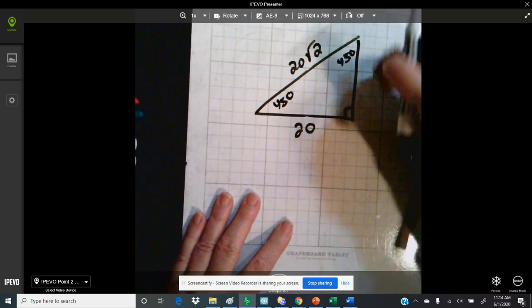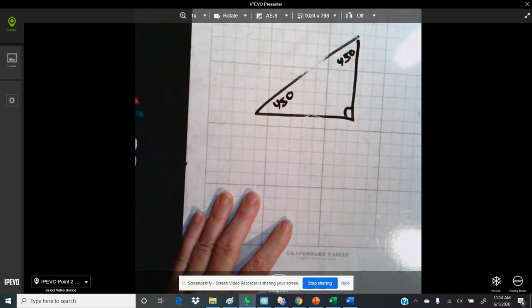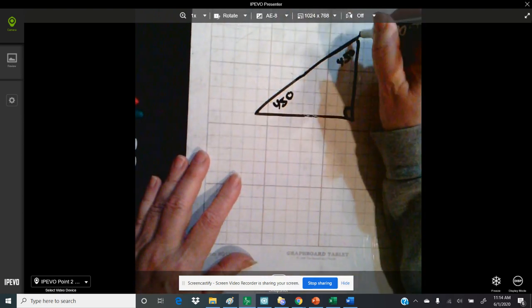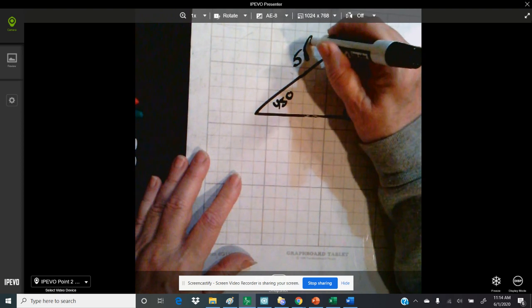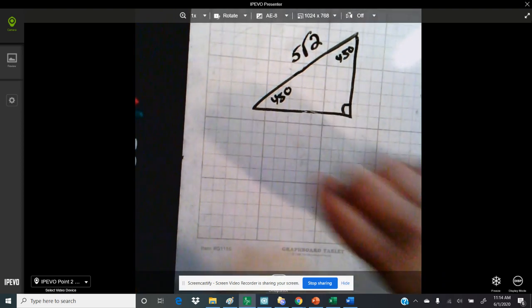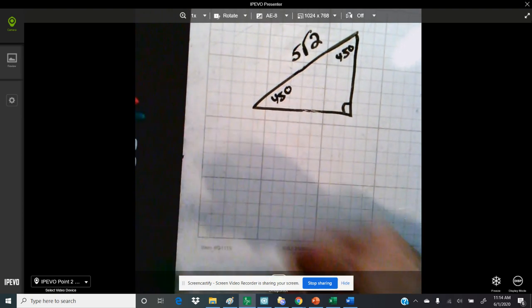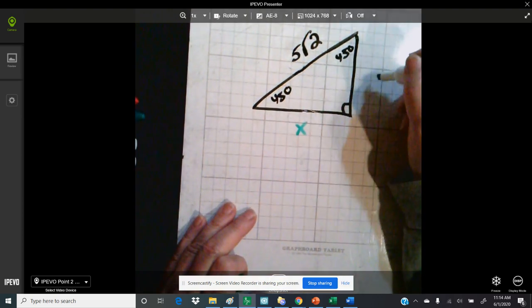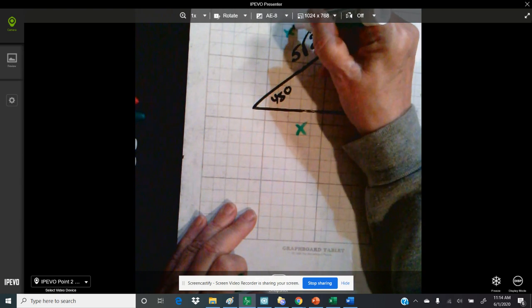But let's go the other way. Let's say I'm given that this is 5 times the square root of 2, and I want to find the other two sides. If you remember, if this is X, this would be X, and this would be X times the square root of 2.